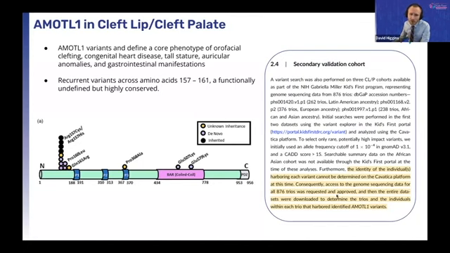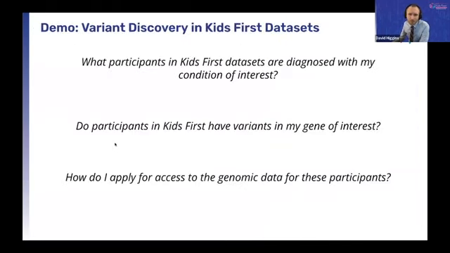As a result, they needed to download the trios in order to find participants that had that variant. What we're going to show today is that you can now do that on the Kavatica platform and the Kids First portal. So we've improved the process for users in the future.